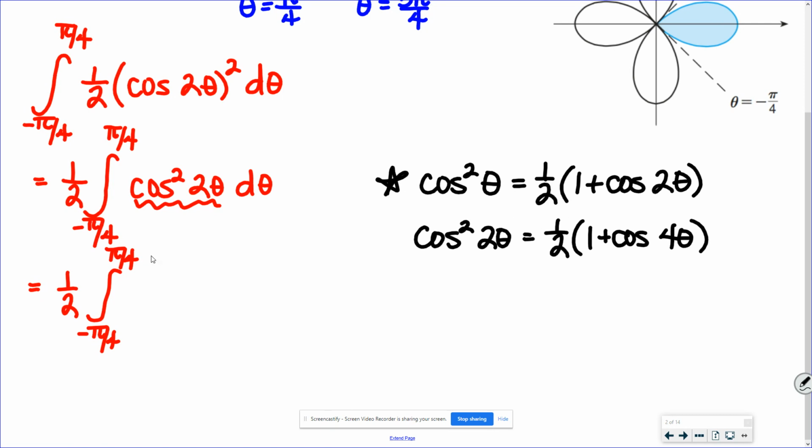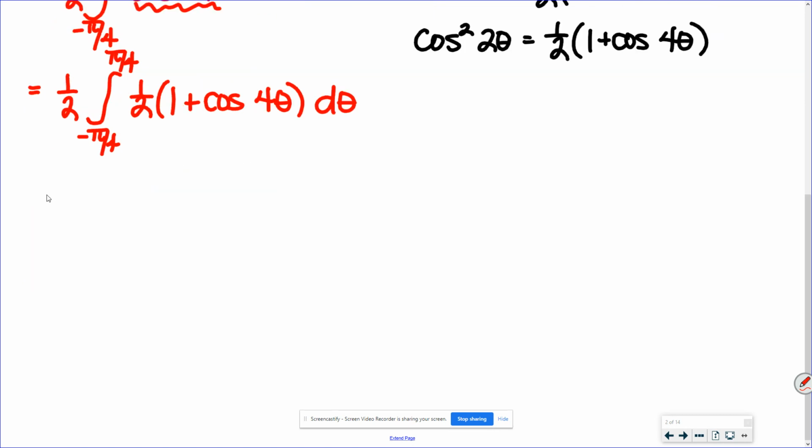So I'm going to do a substitution. And this is going to give me 1/2 times 1 plus cos of 4 theta. Okay, and at this point you are safe to start integrating.